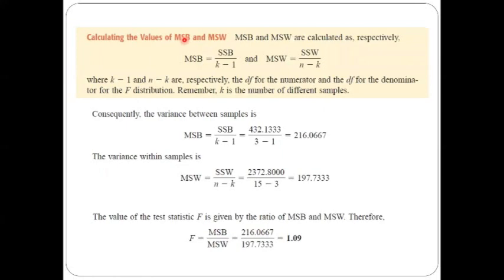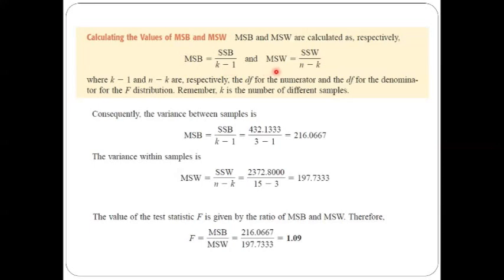And so for the formula kasi, halos kung mapapansin mo, step-by-step process siya and connected siya with each other. As a requirement for the MSB, ito yung value for the SSB natin. Needed natin siya. Well, for the MSW, kailangan naman natin yung value ng SSW, which is na-compute na rin naman natin siya. So for the formula for the MSB, we have SSB over K minus 1.